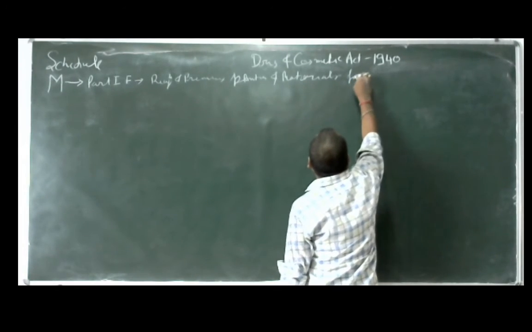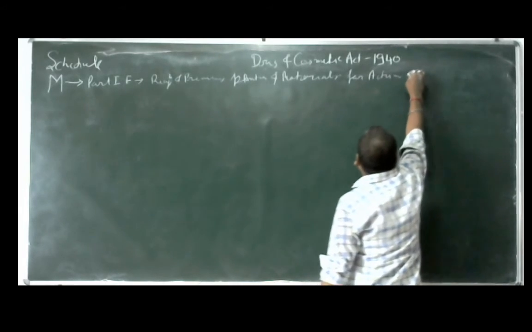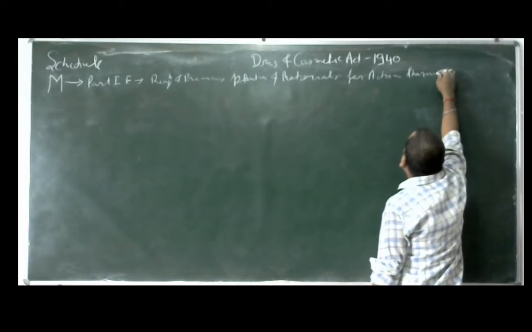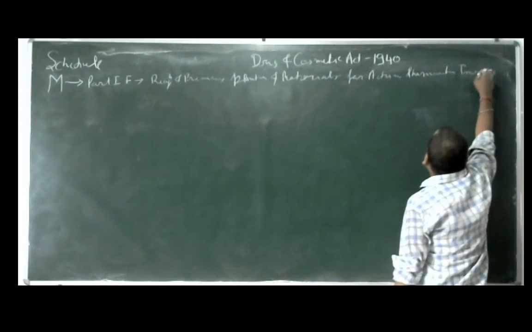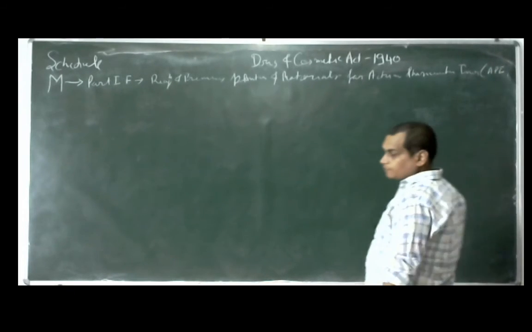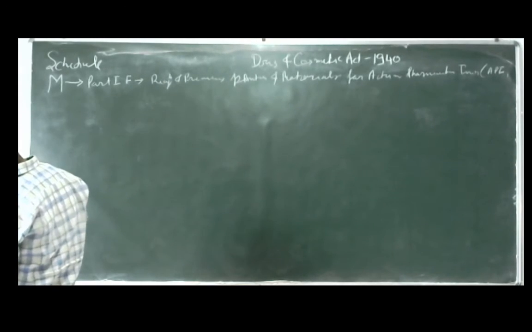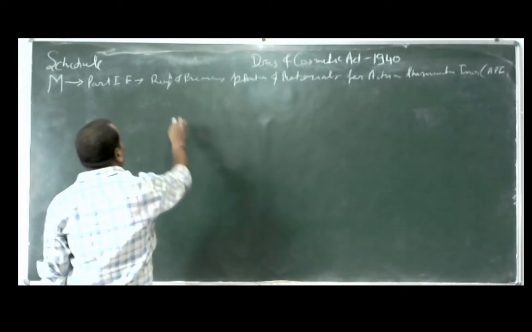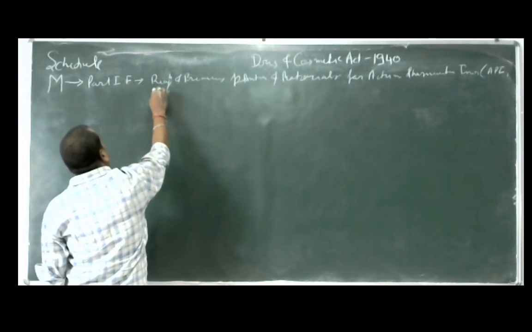Active pharmaceutical ingredient, short form API, also called bulk drug.